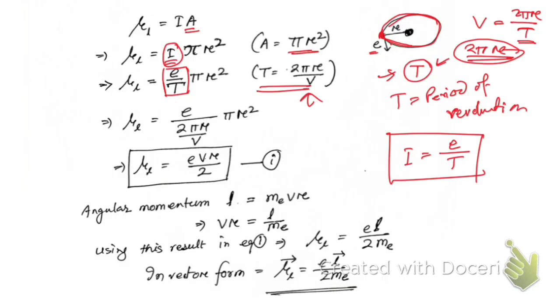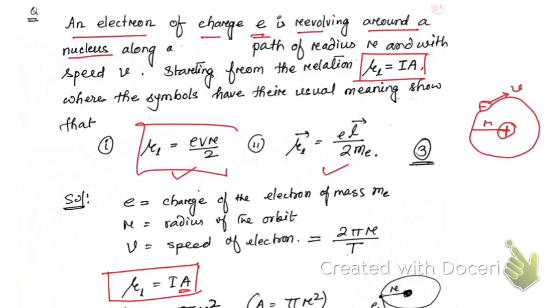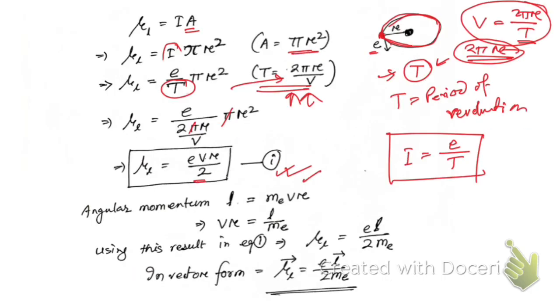Now let us replace this T by this expression. Then simplify this, pi cancels, v goes up, and here we have 2. So this is the first expression we have proved.